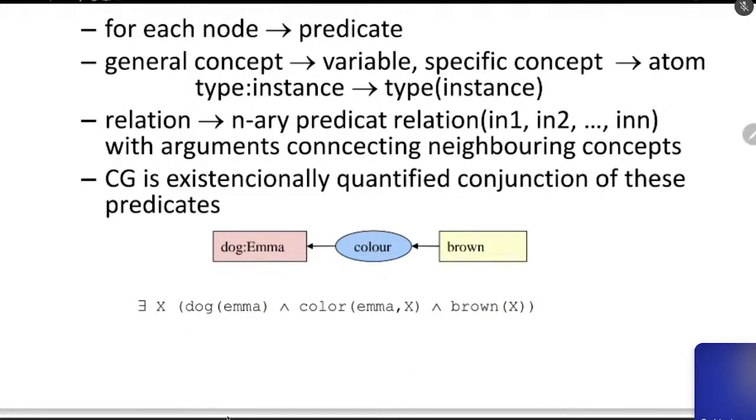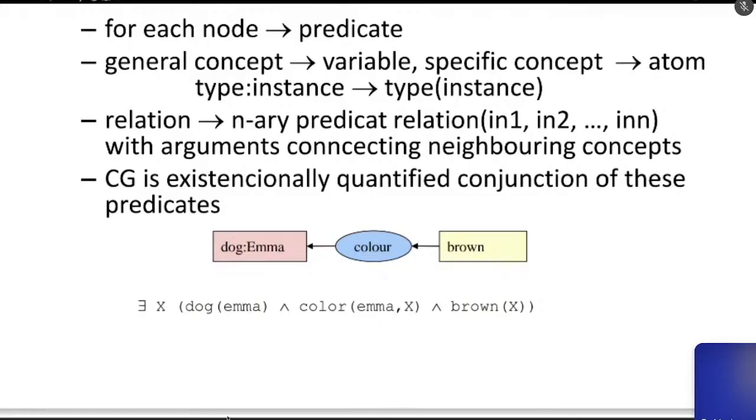There exists X such that Emma is a dog and Emma's color is X and X is brown. So I think X is some sort of a color. So there exists a color.